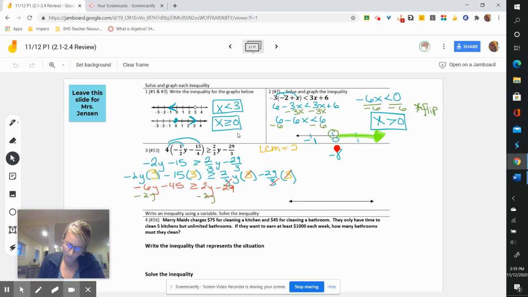So negative 6y minus 2y is negative 8y. Now I'm subtracting 45 from the negative 8y term, so I'm going to add 45 to both sides.